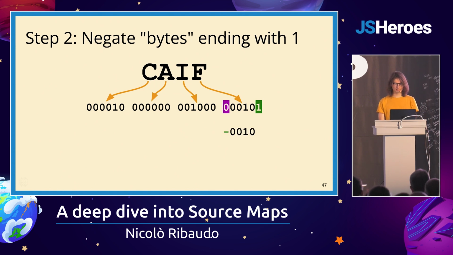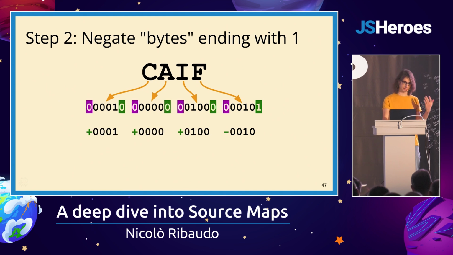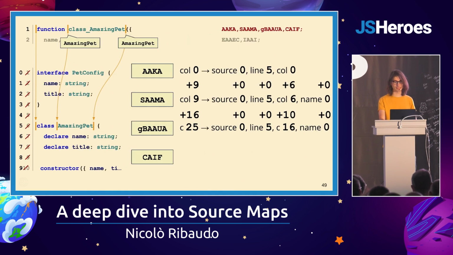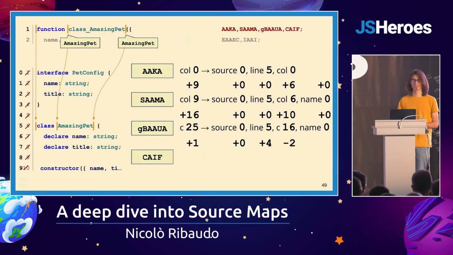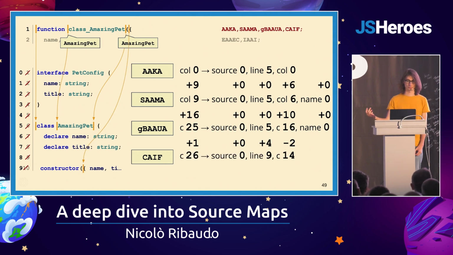It doesn't really make sense to have negative columns or negative line numbers, but let's ignore everything and convert to base 10. If you remember that we're relative to the previous mapping, a negative number is useful to go back. So before we were at column 16, and now we're actually mapping to column 14. I'm going to stop.